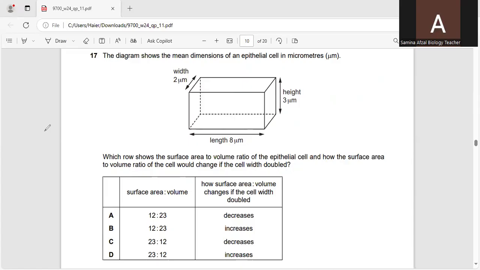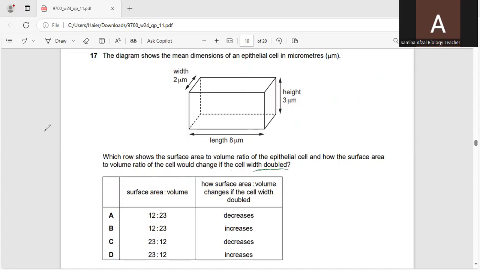The width is 2 micrometers, the height is 3 micrometers, and the length is 8 micrometers. Which row shows the surface area to volume ratio of the epithelial cell and how the surface area to volume ratio of the cell would change if the cell width doubled.